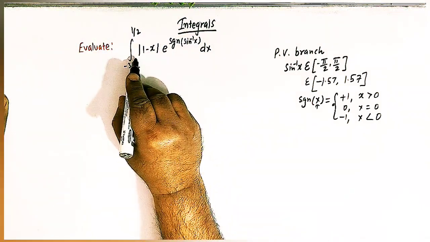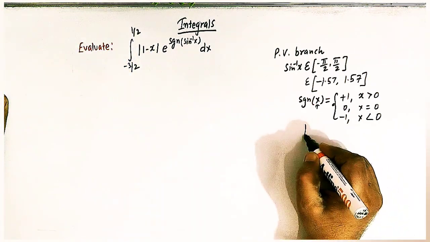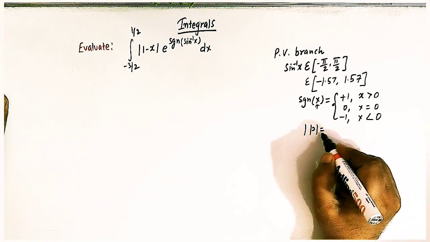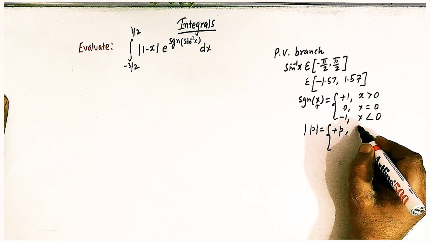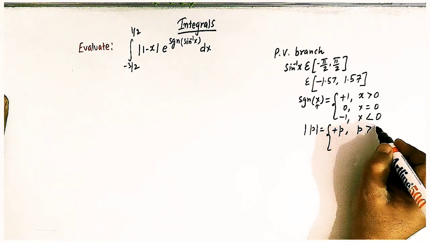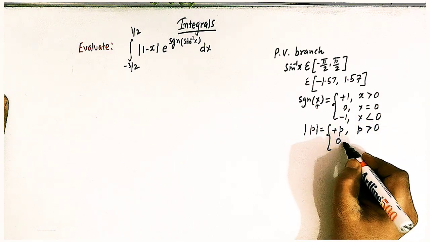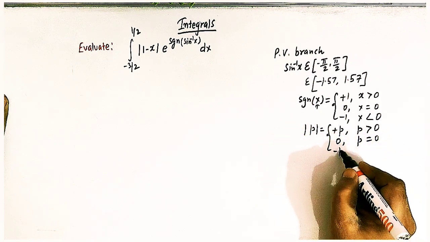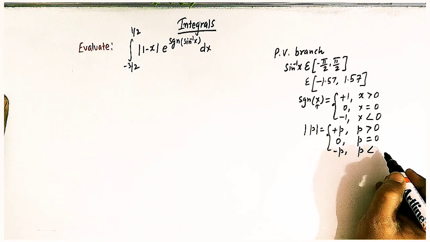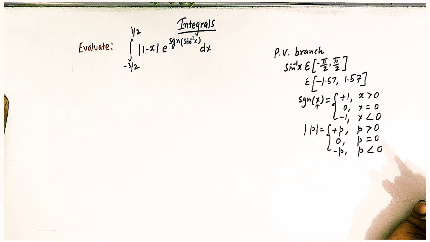And here we have the mod function. The mod of p is positive p whenever p is greater than 0, mod of p is 0 whenever p is 0, and mod of p is negative p whenever p is a negative quantity, right?